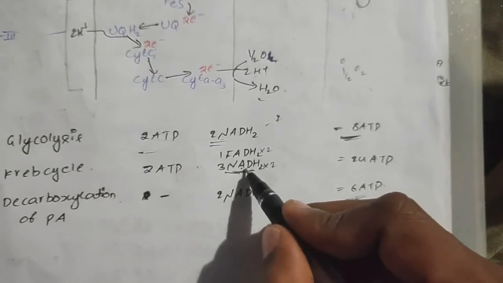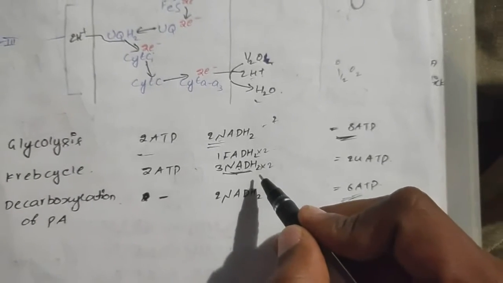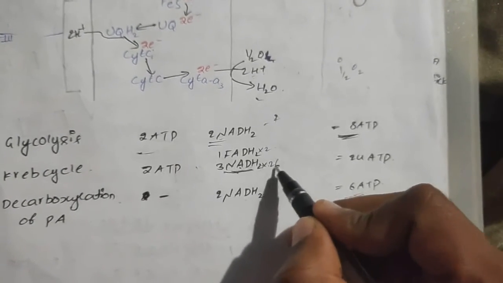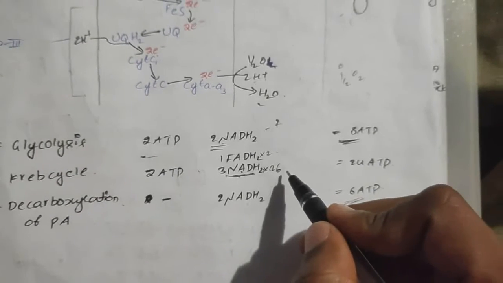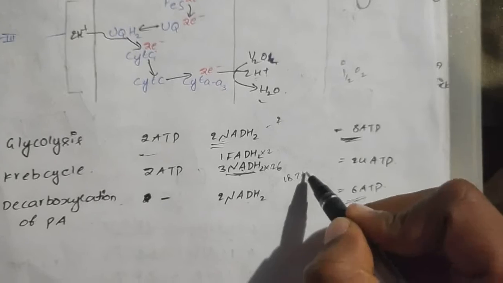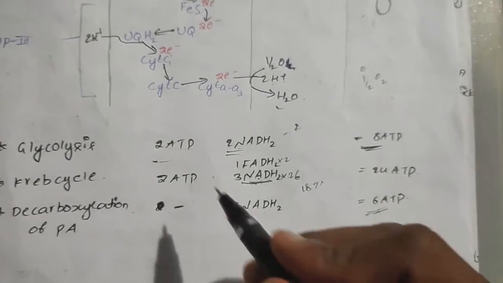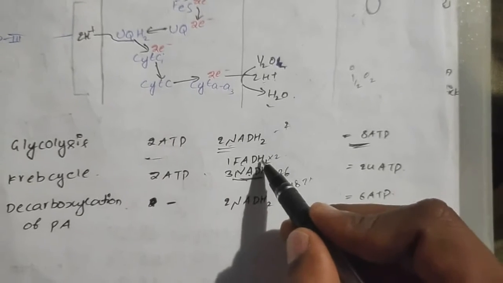And 1 NADH2 is equal to 3 ATPs, so 6 into 3 means 18 ATPs from NADH2 in the Krebs cycle.